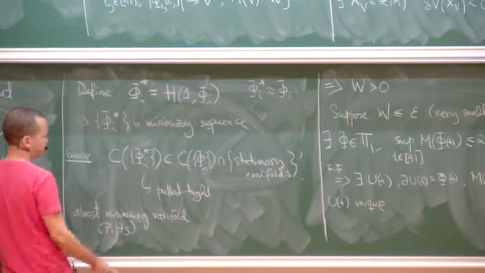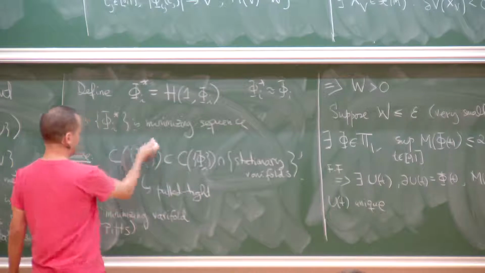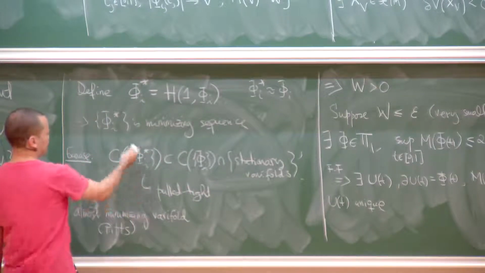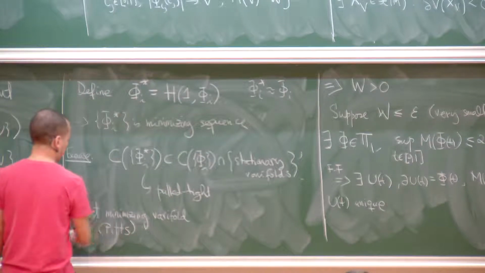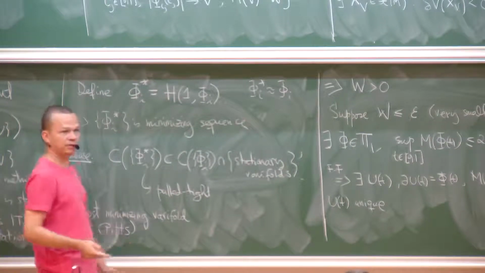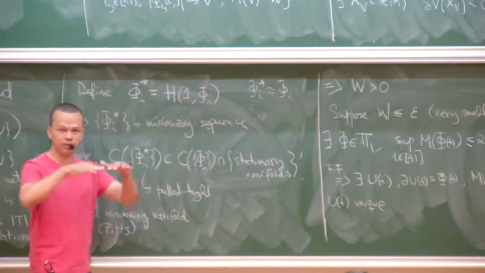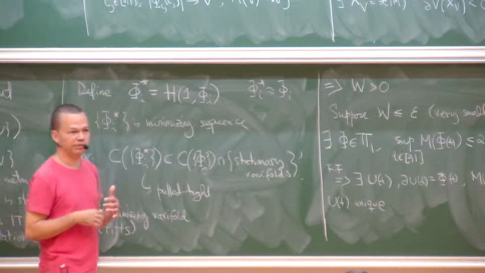So Pitts proves that for every pull-tight minimizing sequence, there is always a varifold in the critical set that satisfies this property, almost minimizing. And then regularity shows that if you are almost minimizing, you are a smooth minimal hypersurface.